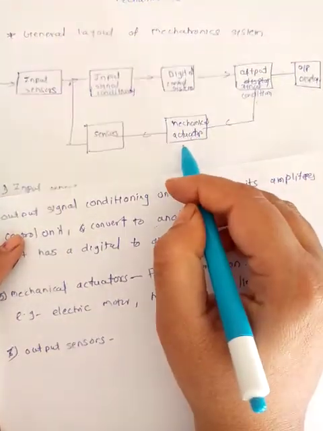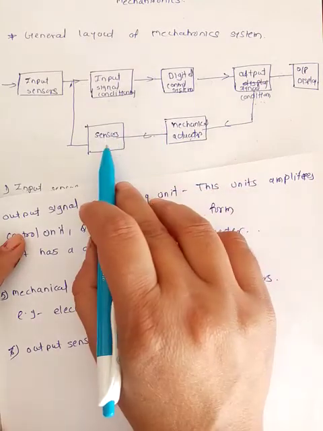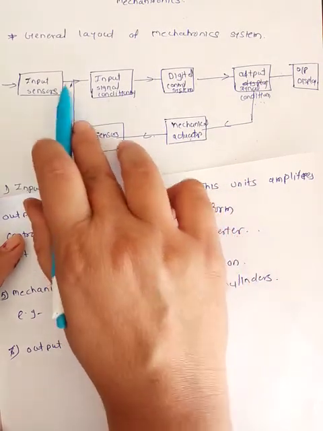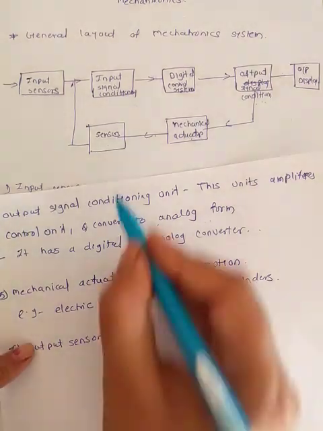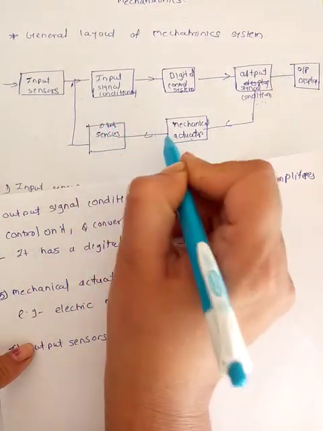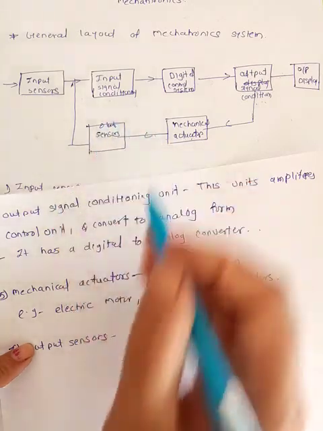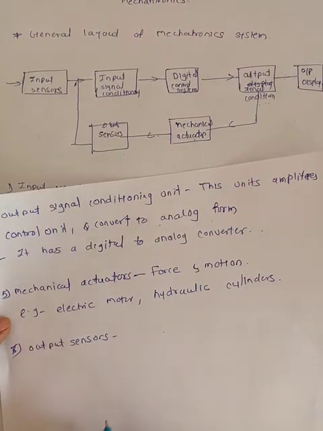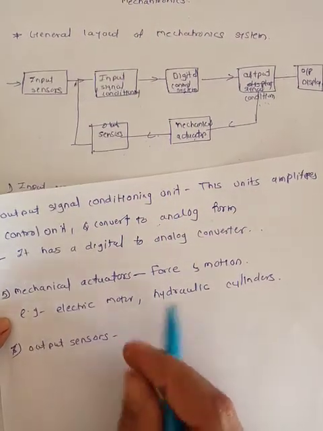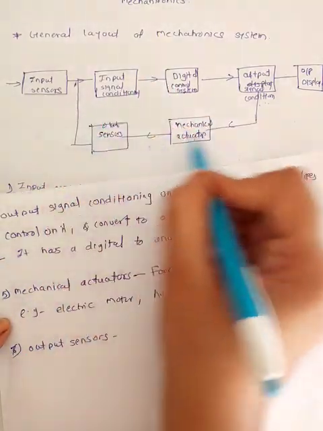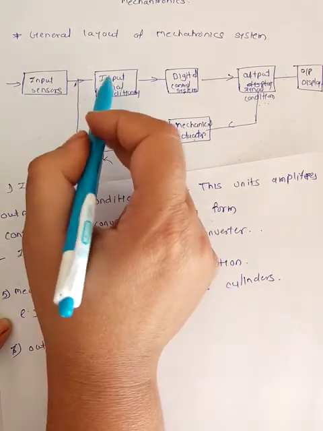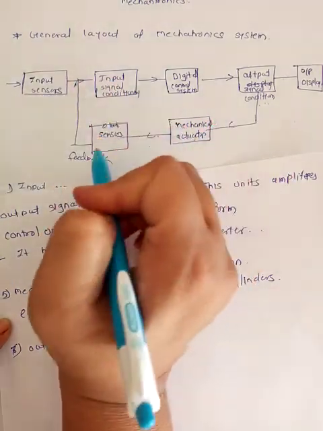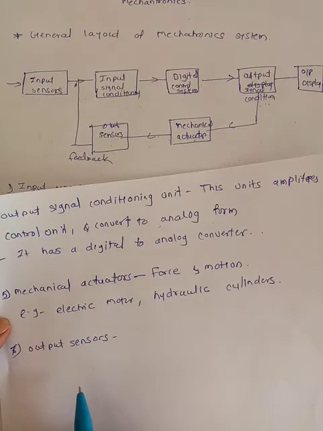Means this mechanical actuator produces the force and motion, the sensor will sense it, and this will again pass to the input signal conditioning. This is called the output sensor. Means force and motion will be sensed and then passed on. Okay, this means feedback. This signal is called the feedback signal. Feedback means nothing but this signal will again pass to the input sensor.